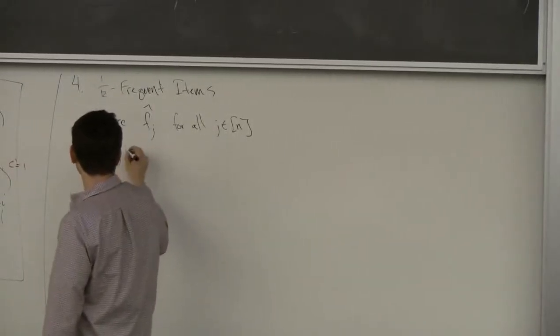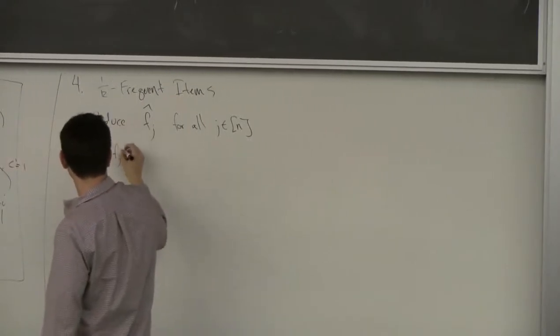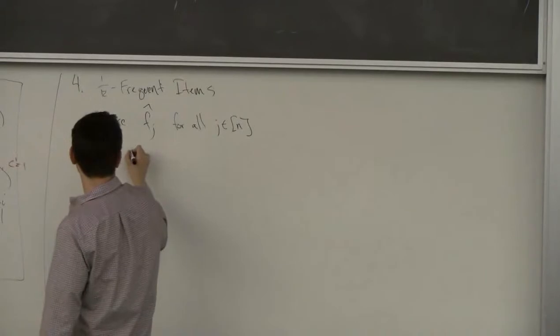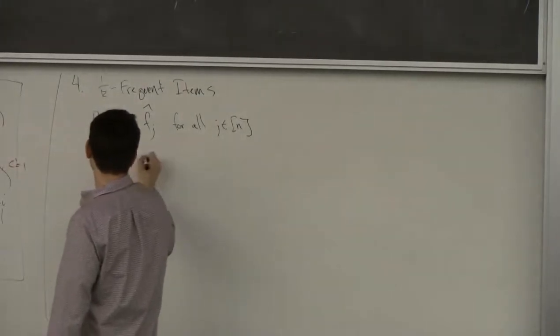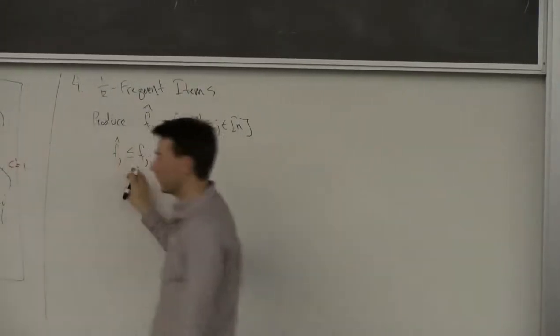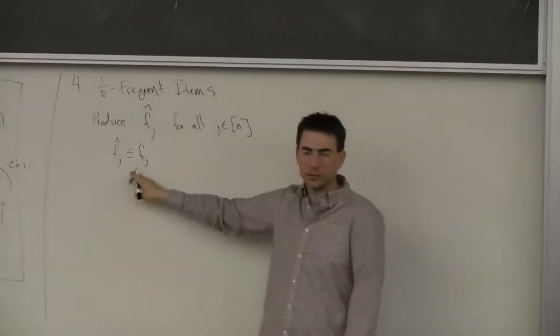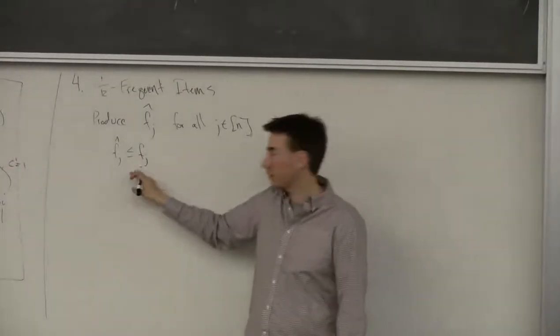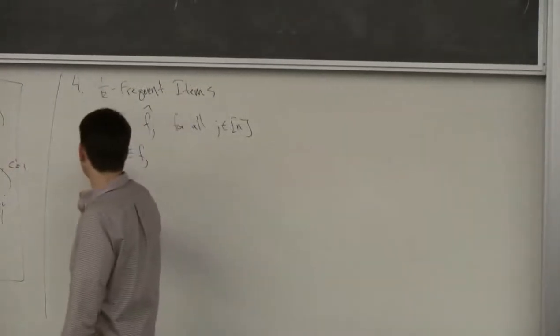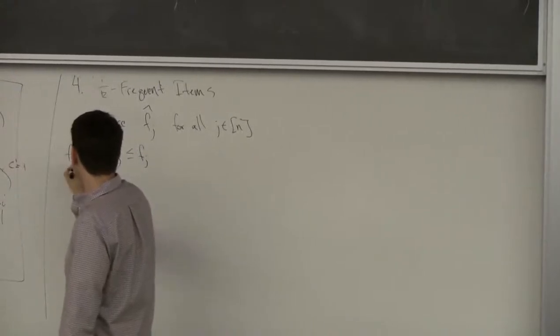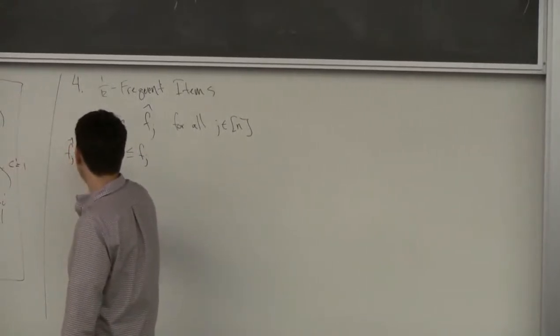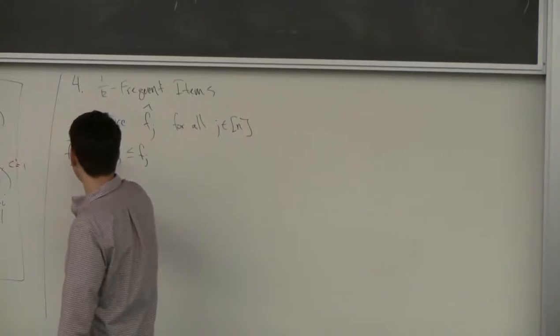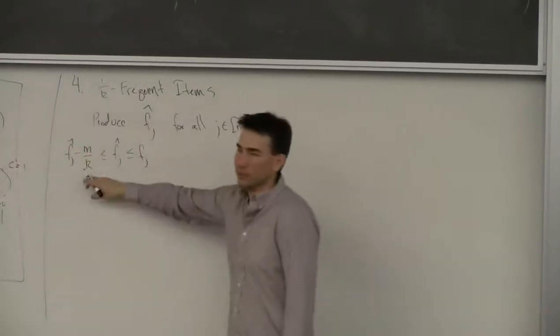So f hat j is going to be less than or equal to the true value. So it's not going to be more than the true count. And if I look at f hat j minus m over k, this is going to be less.